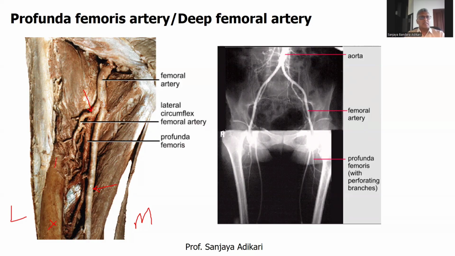You can appreciate that in the arteriogram also. This is the femur, this is your superficial femoral artery, and this is your deep femoral artery, more lateral and closer to the femur.